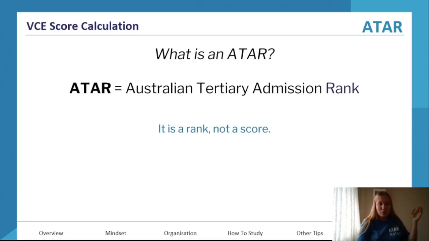It is not a score of how well you did. If you get an ATAR of 97%, it doesn't mean that you scored 97% on average on your exams. Hopefully none of you are confused about this part. We're starting off really easy, right? But it means you did better than 97% of students. So you're in the top, say, 3%, right?